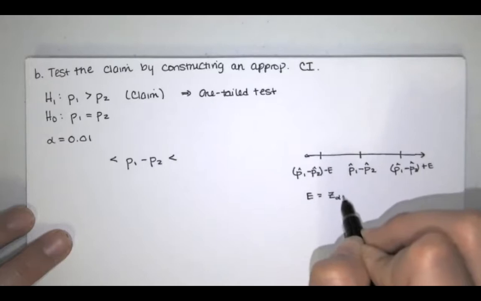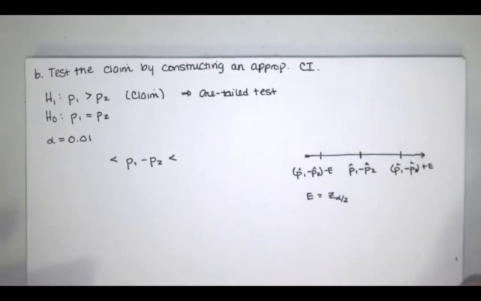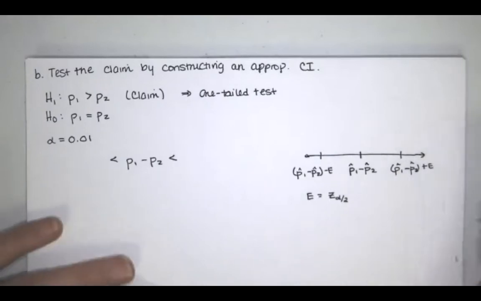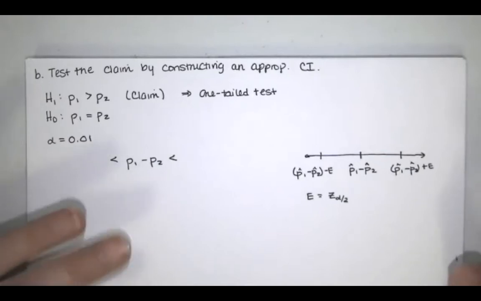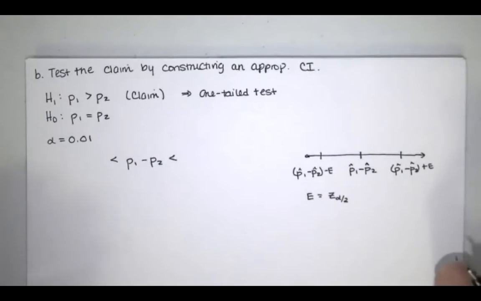It's z sub alpha over 2 for the appropriate alpha. That's not necessarily that alpha. And then we're going to multiply by an estimate of the standard deviation. Now, when we're constructing a confidence interval, we're not assuming that the null hypothesis is true.